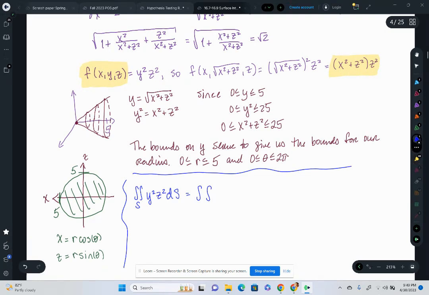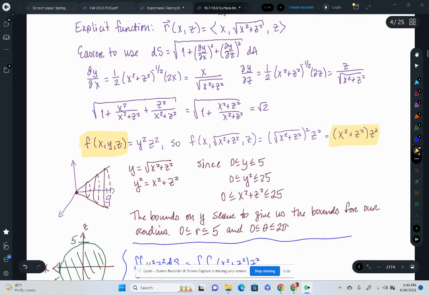And so now it's going to be x squared plus z squared times z squared, okay? And then we have our dS, which we found part of. So we could tack on that from this, dS is equal to the square root of 2 dA.